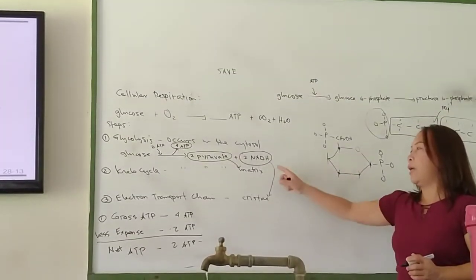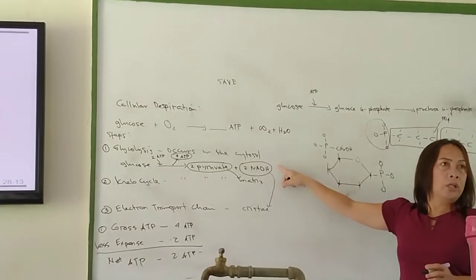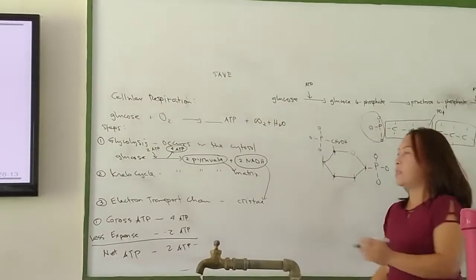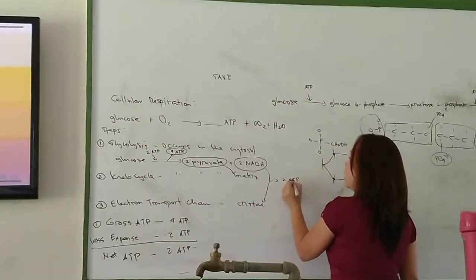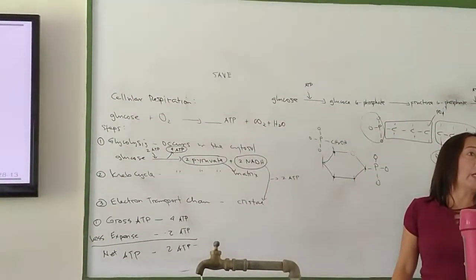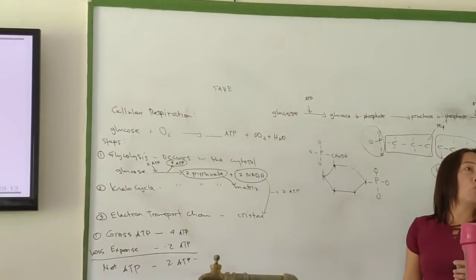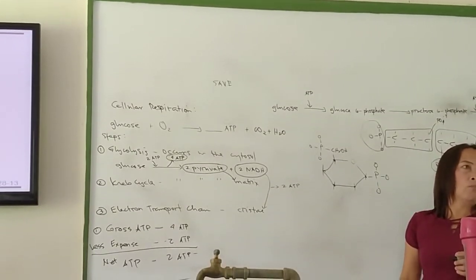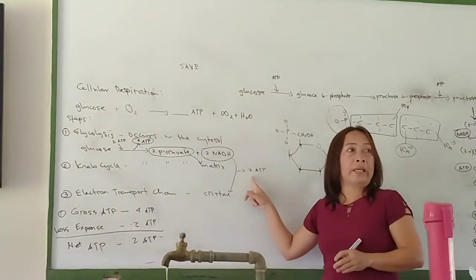Now, however, during the transport of these 2 NADH, it requires ATP. 2 ATP for the transport, meaning it is like a fare, 2 ATP molecules. So, for every NADH, it requires 1 ATP molecule.